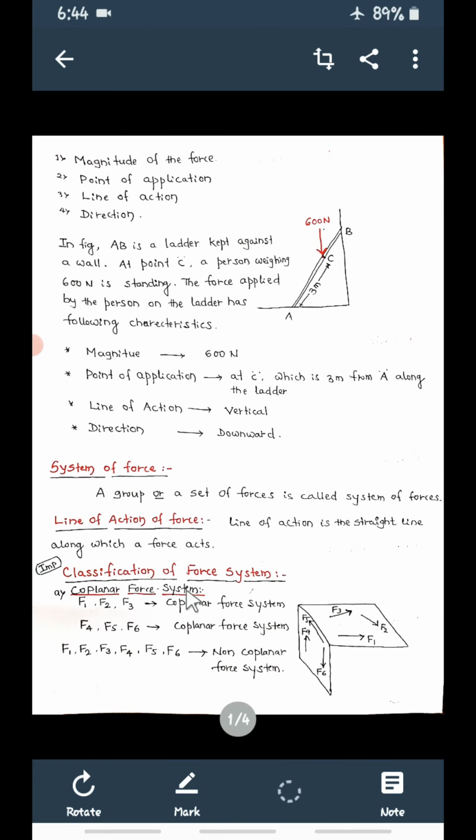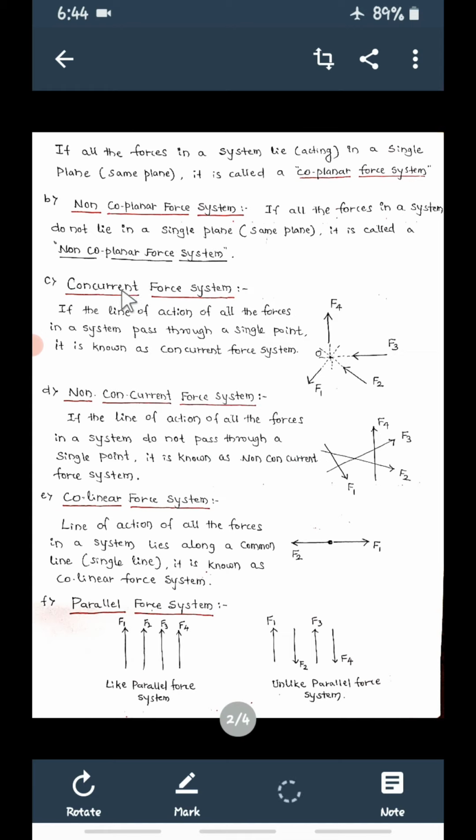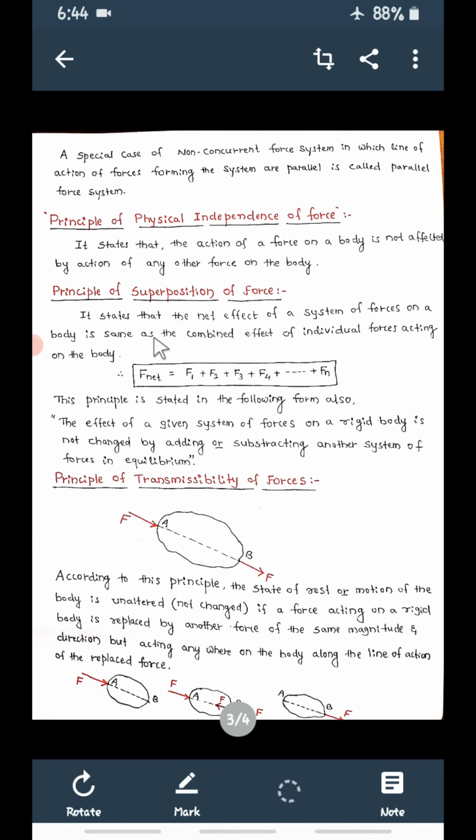Classification of force system, that is coplanar force system, non-coplanar force system, concurrent force system, non-concurrent force system, collinear force system, parallel force system. Okay, so these are the classification of force system, and these three are the principles of forces, that is principle of physical independence, principle of superposition of force, then principle of transmissibility of forces.